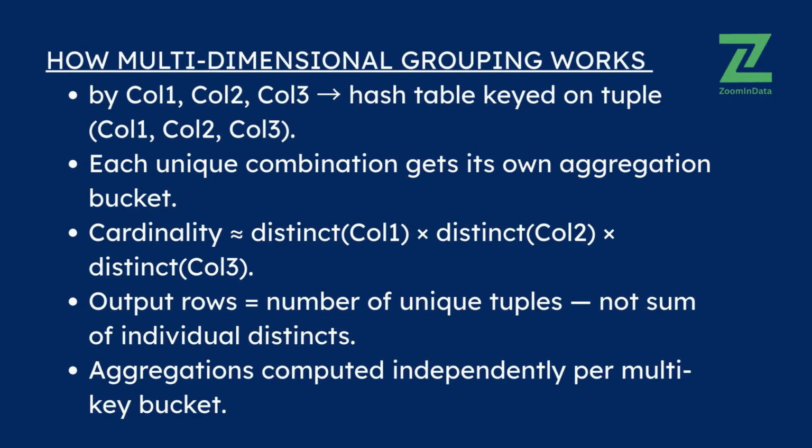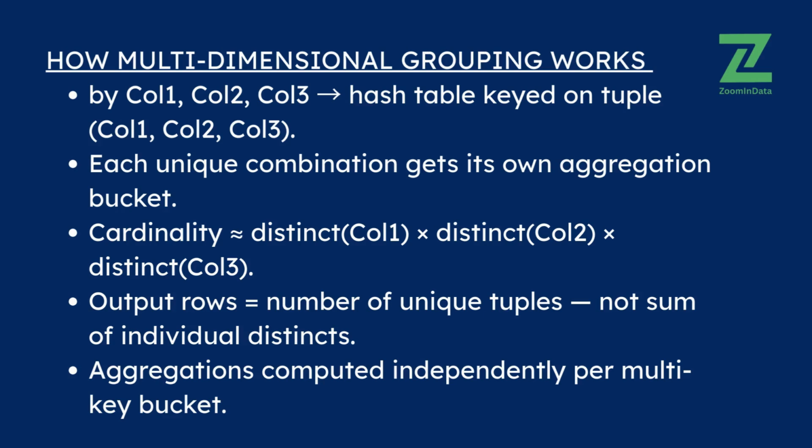Let's look at how multi-dimensional grouping actually works. When you write by col1, col2, col3, KQL builds a hash table keyed on the tuple of col1, col2, col3. Each unique combination gets its own aggregation bucket. The resulting cardinality is roughly the product of distinct values in each column, not just the sum.